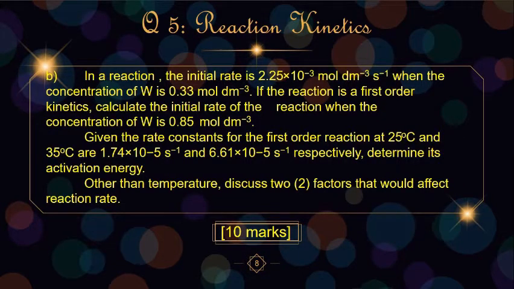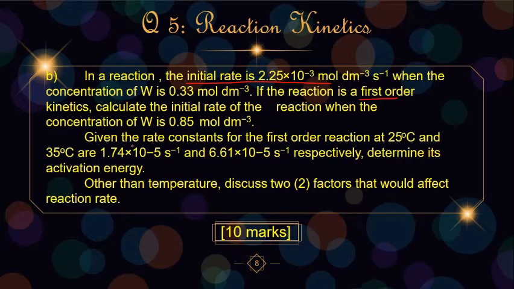Now we go to question number 5B. This reaction is about reaction kinetics. In the reaction, the initial rate is 2.25 times 10 to the power of negative 3 molar when the concentration of W is 0.33 molar. If the reaction is first order, calculate the initial rate of the reaction when the concentration of W is 0.85 molar.